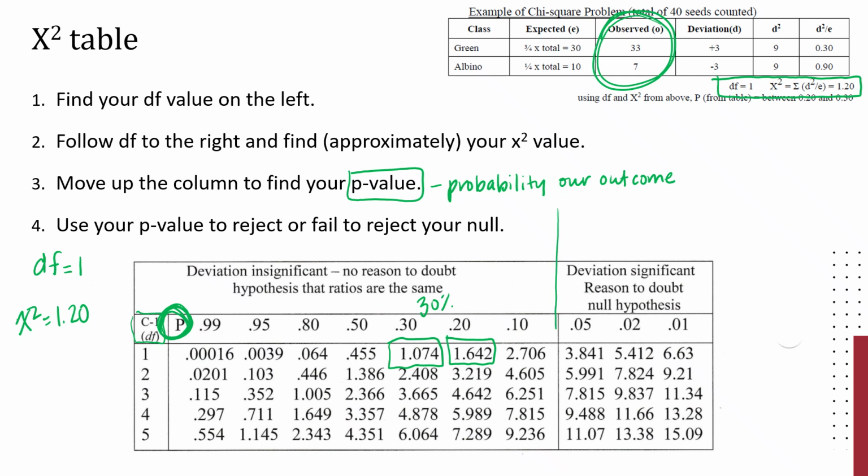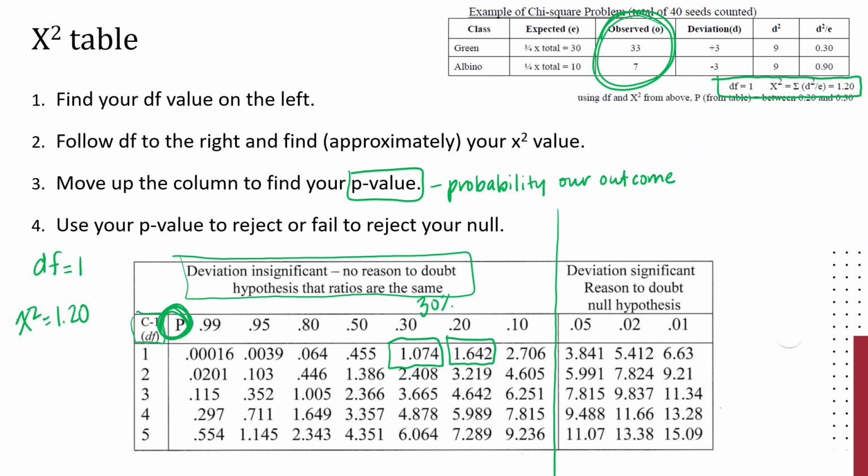If we have a p-value that occurs on the left-hand side, like ours, it tells us that our deviation is insignificant. In other words, we do not need to doubt that our null hypothesis is correct.